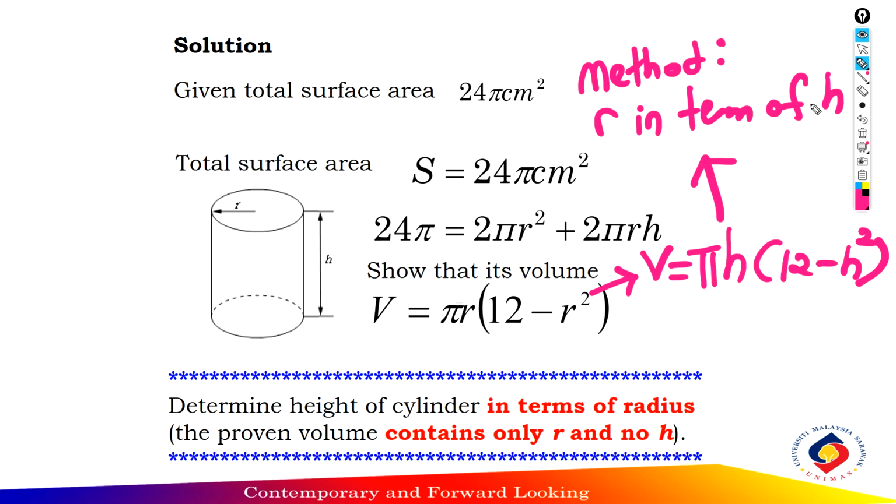So the proven volume contains only the height and no radius terms.